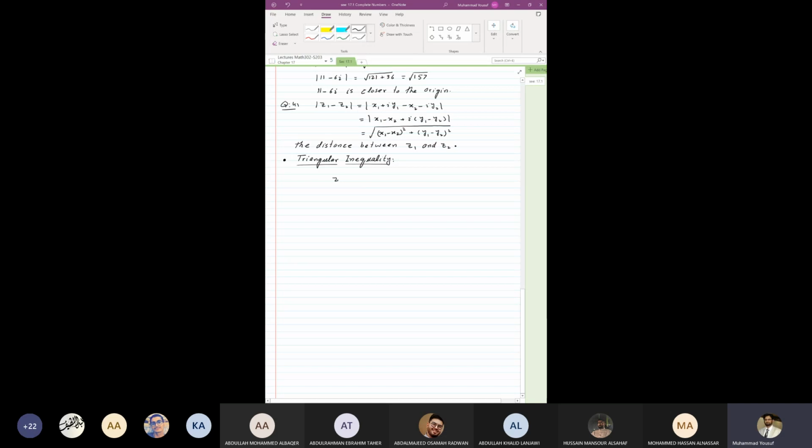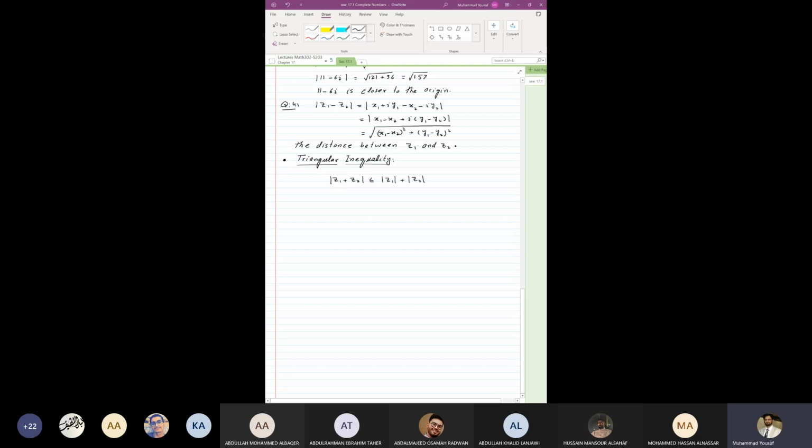Triangular inequality is that the absolute value of Z1 plus Z2 is less than or equal to the absolute value of Z1 plus the absolute value of Z2.